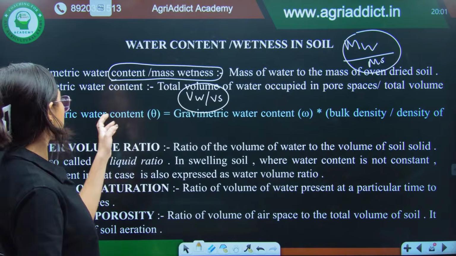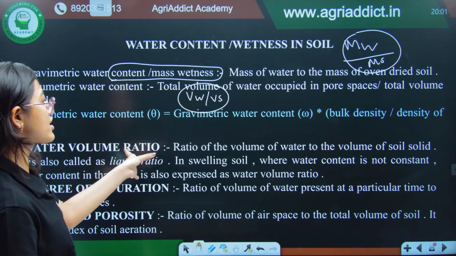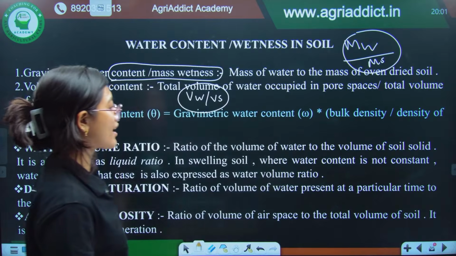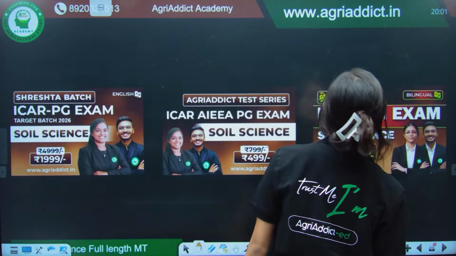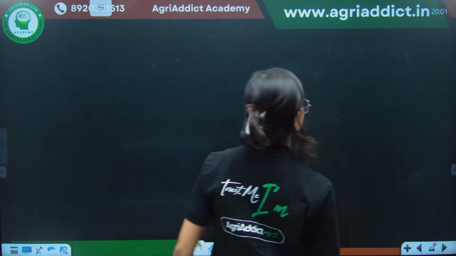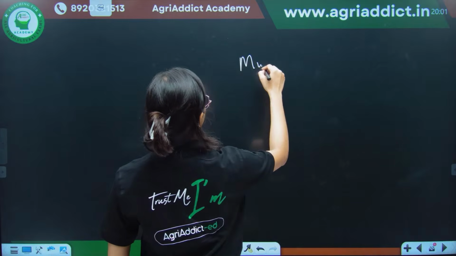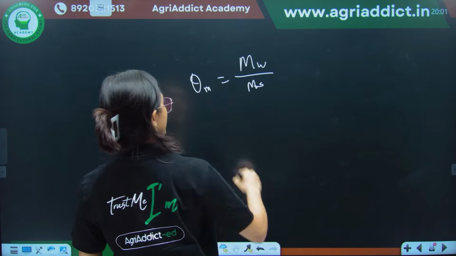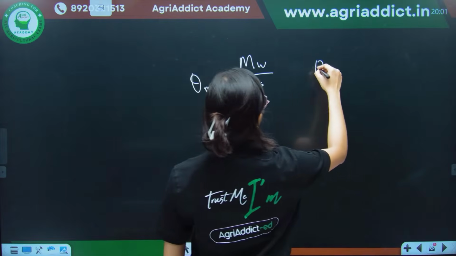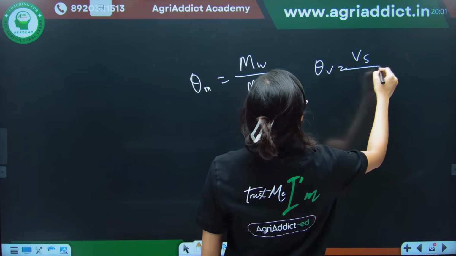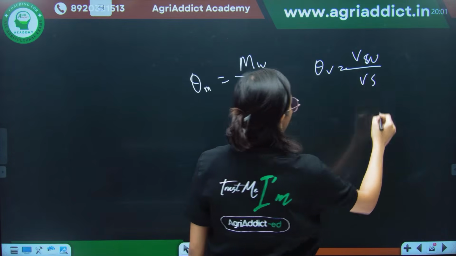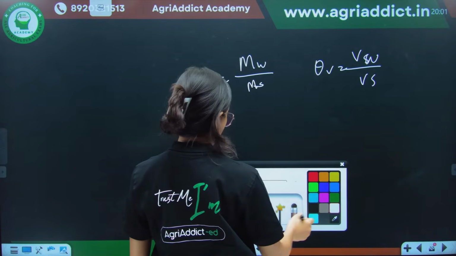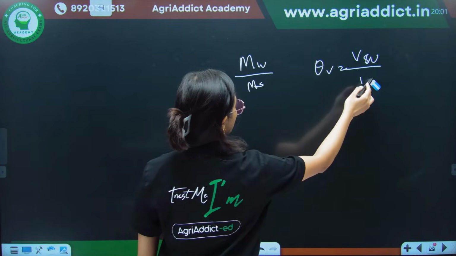And the relationship between gravimetric and volumetric water content is: gravimetric water content into bulk density is equal to volumetric water content. So, how did it come? Suppose this is gravimetric water content, theta m, and this is volumetric water content, volume of water divided by the volume of the, okay, this is not soil solid, this will be total soil.